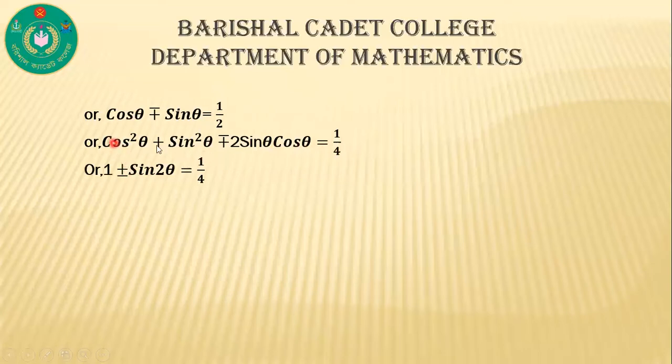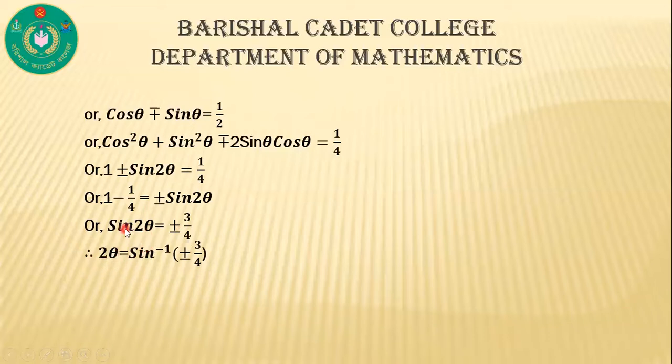We know cos square plus sin square is equal to 1 and 2 sin theta cos theta is equal to sin 2 theta. Here putting this value, then we can write 1 plus minus sin 2 theta is equal to 1 by 4. Now we can write sin 2 theta is equal to plus minus of 1 minus 1 by 4, so sin 2 theta is equal to plus minus 3 by 4.